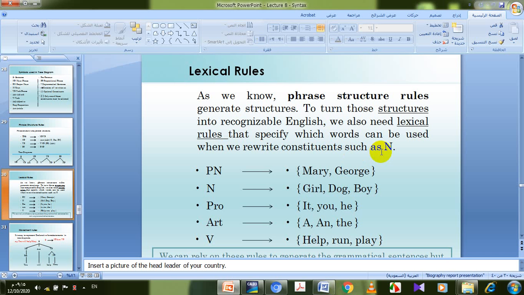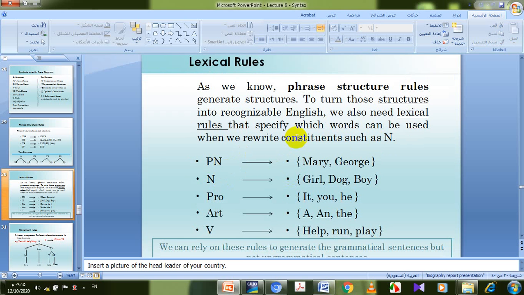So we want to transform these structures into lexical rules. PN, proper noun: Mary, George. This is lexical because lexical means those carry meanings. Noun: girl, dog, boy. Pronoun: he, it, you, I. Article: a and the. Verb: help, run, play.